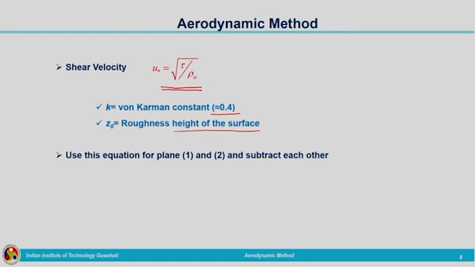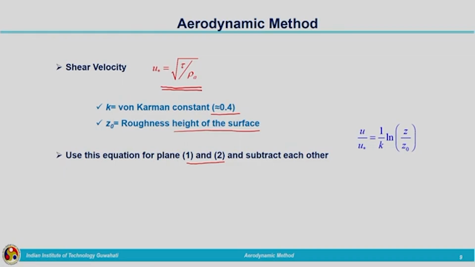Now, we use these equations for the two planes, plane 1 and plane 2, that is, Z1 and Z2. We are going to write the velocity distribution expression for two different planes. Our velocity distribution equation is u by u star equal to 1 by k ln z by z naught.